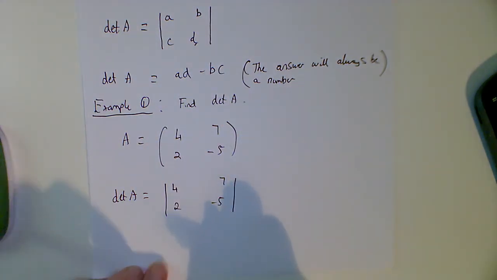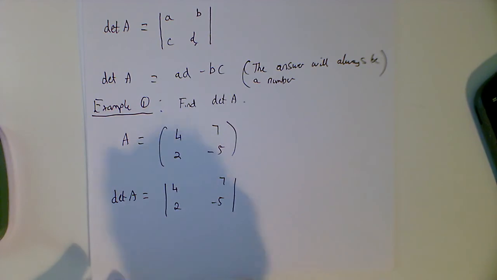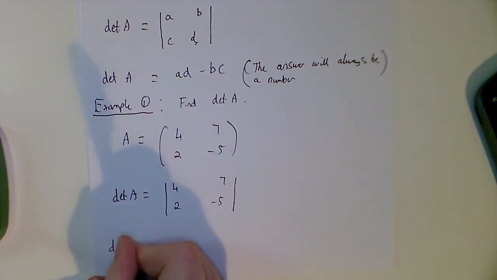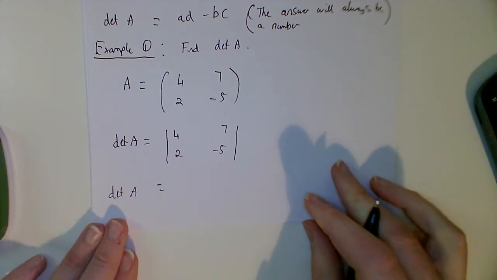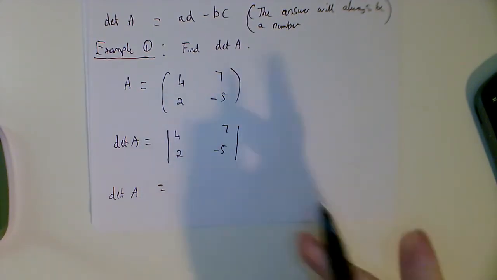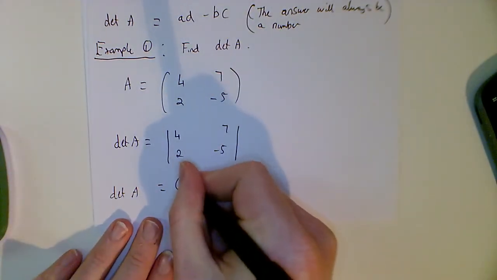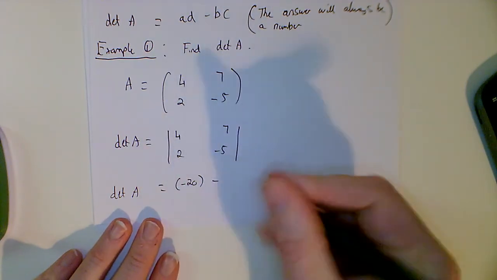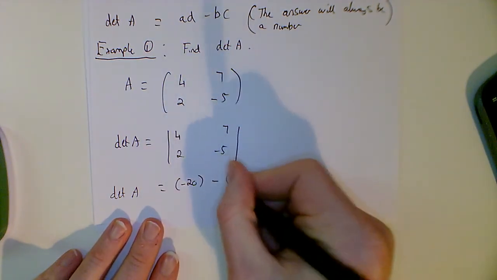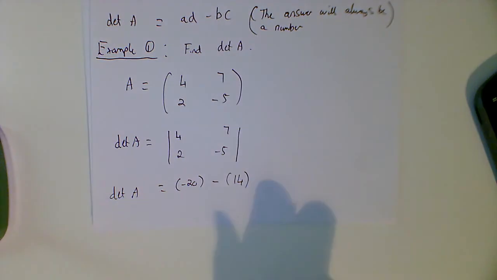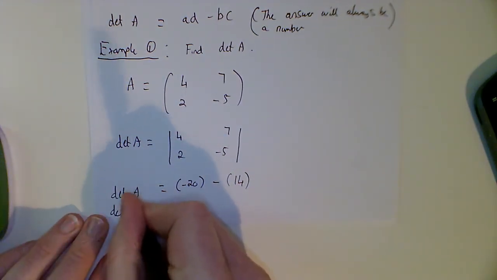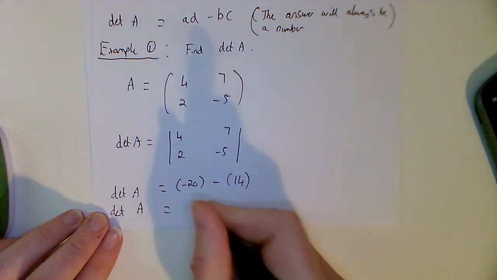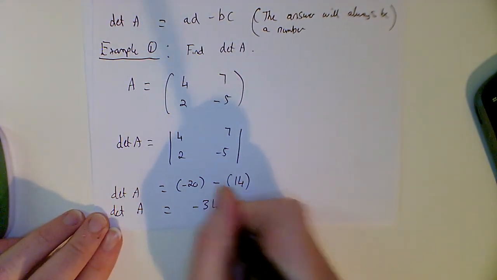And it's just as simple as you would think. All we're doing is A times D, which is negative 20, take away B times C, which is 14. That tells me the determinant of A is just negative 34.